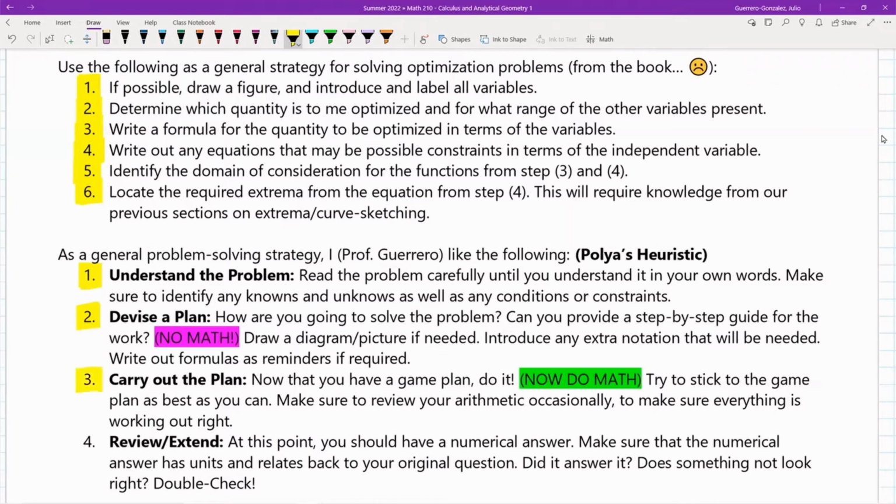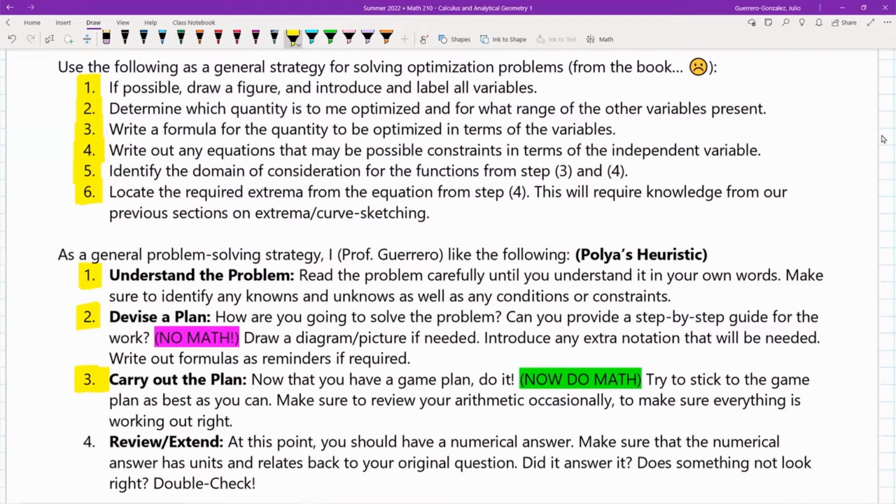Step three is actually carry out the plan. So in step two, you figured out some sort of game plan, some play that you're gonna do in order to solve this. Now you go in and do the nitty-gritty stuff. You plug in values, you do everything that you need to get the work out.